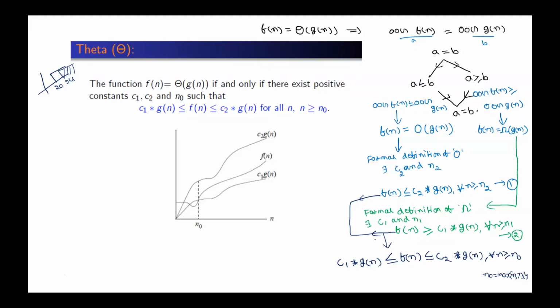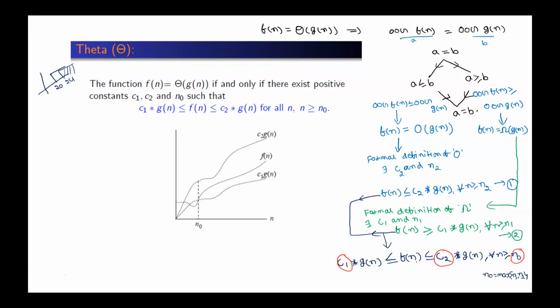So that's the definition. That means here, how many constants do we need to find? Three constants: C1, C2 and n naught. In this inequality, what are we showing? We are showing that f of n's order of growth is less than or equal to the order of growth of g of n.